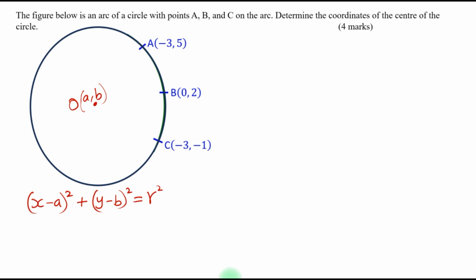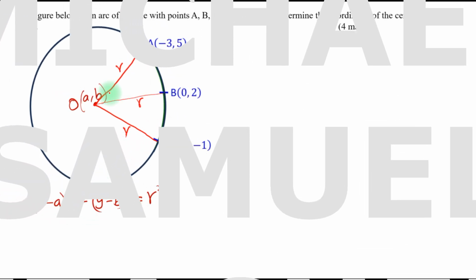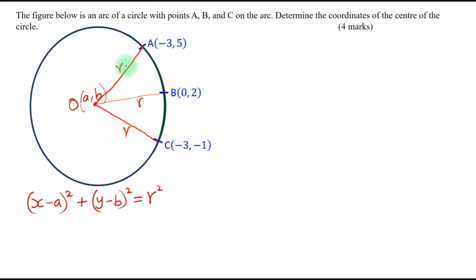What we need to know is that from O to A, that is the radius, is the same as from O to B and also from O to C. This is equal to the radius of the circle. So we can use the general equation of the circle to form equations for OA, OB, and OC, and then find the values of the unknowns.